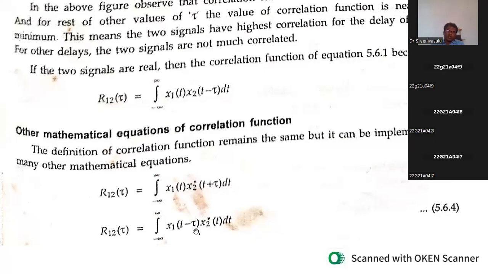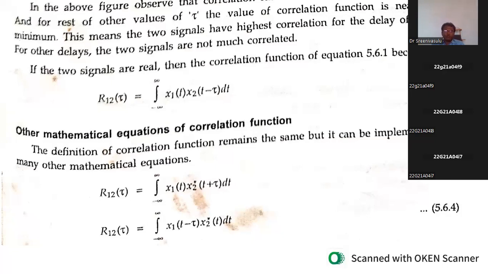Now the formula is not limited to applying the shifting operation on the second signal. Whether it is the first signal or the second signal, both are the same. The formula is right, no issue.